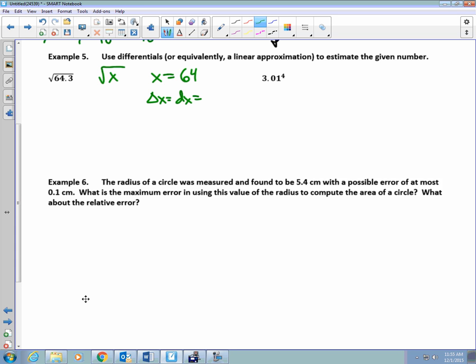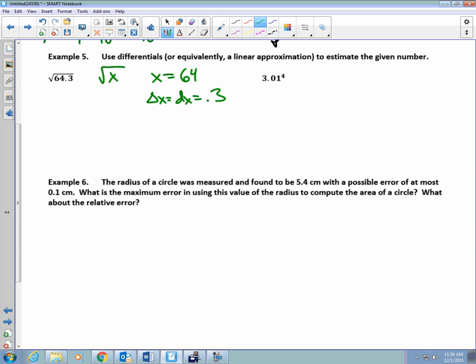How far am I moving from the x value of 64? 0.3. So we will come up with a differential to figure out, if we move over 0.3 from 64, how much up should we move from 8?